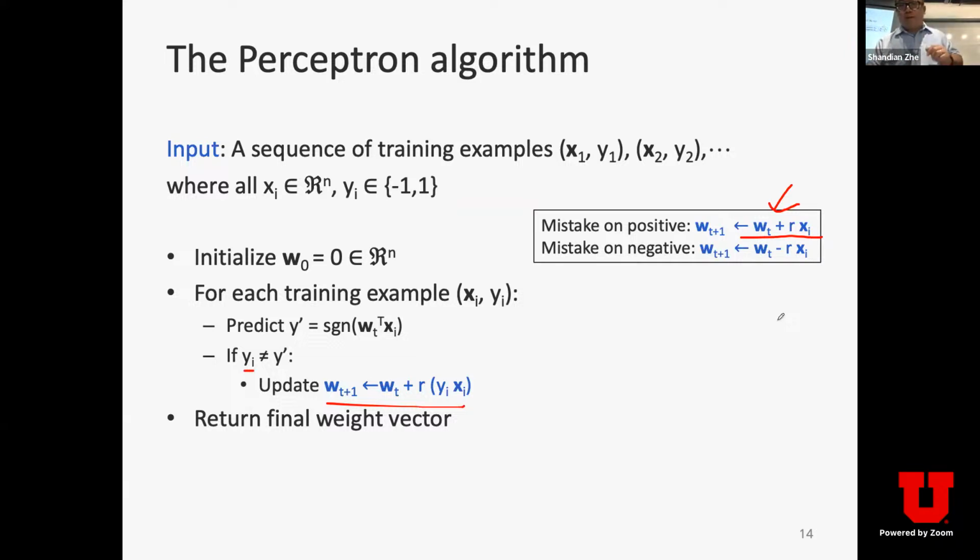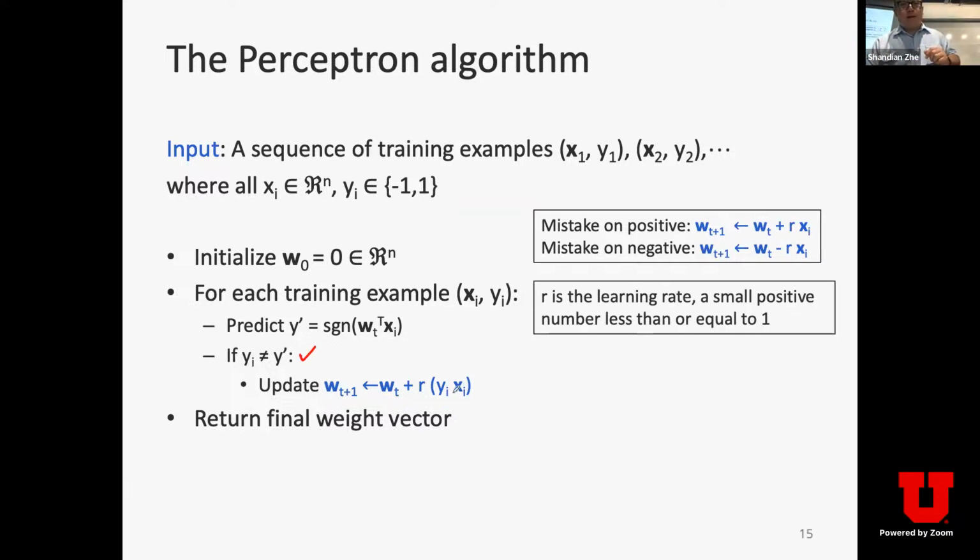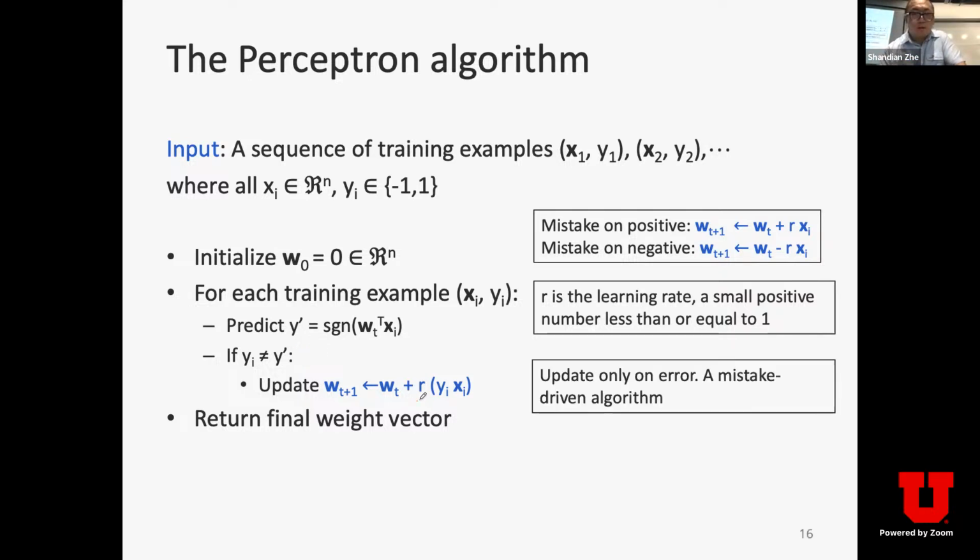This is our first observation. Second, R is a learning rate, a small positive number less than or equal to 1. The role of R here is similar to the gradient descent or stochastic gradient descent we have previously discussed. And third, update only on errors. So we can also call perceptron learning a mistake-driven algorithm.